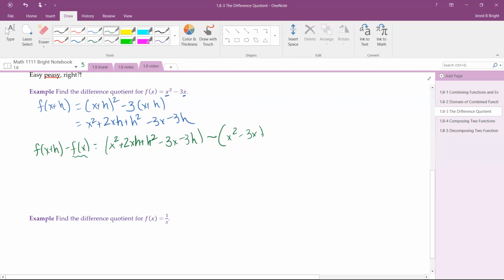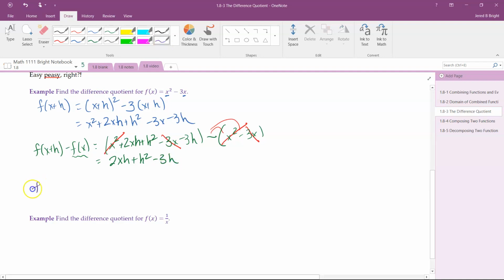Now you can distribute the negative to both of these. Big idea, x squares cancel, 3x cancels out. So what I'm left with after everything cancels out is 2xh plus h squared minus 3h. Huh, that's not too bad.